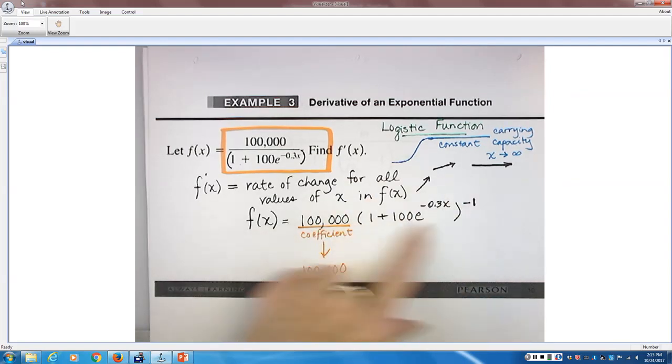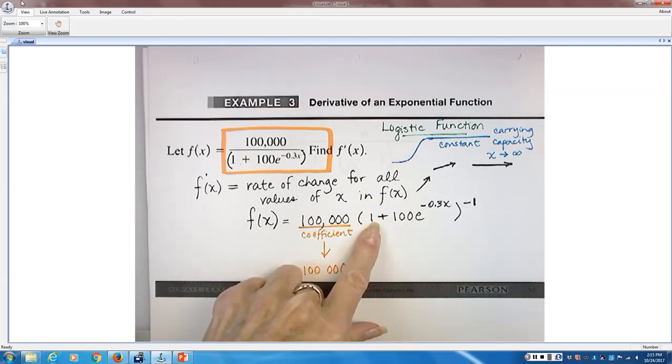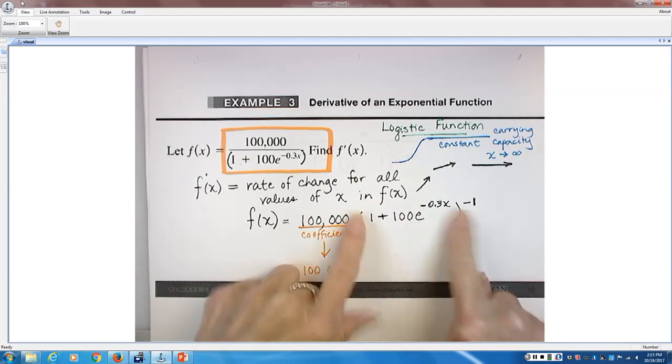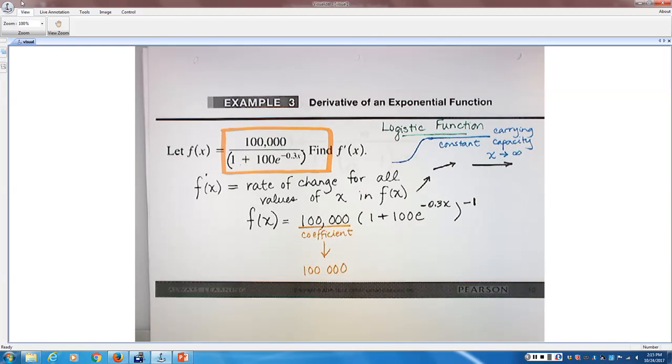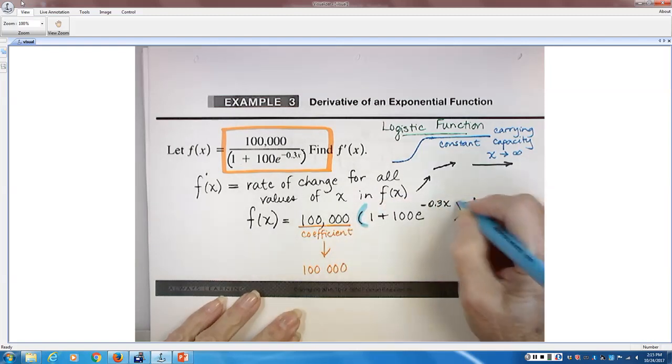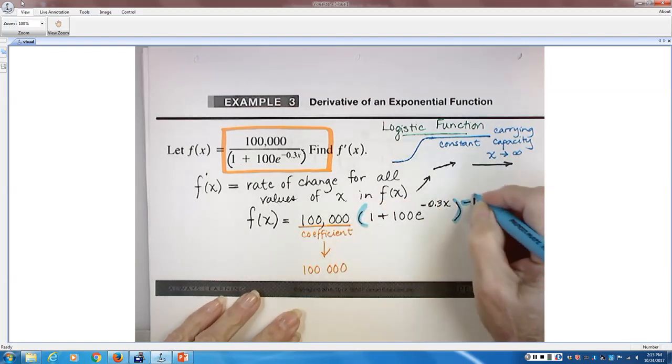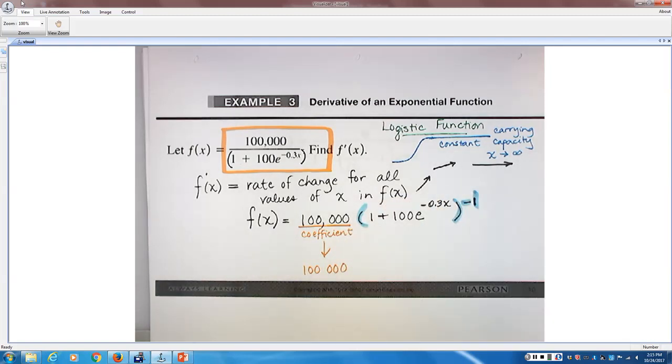This is a chain rule problem because it has a power on the outside of some parentheses that makes it chain rule. So I use the chain rule to figure out what the derivative of the parentheses is.